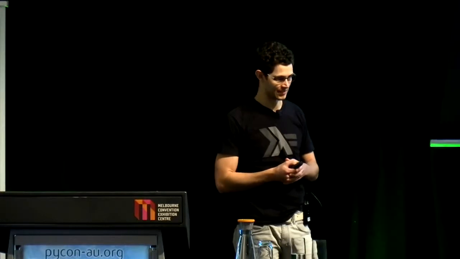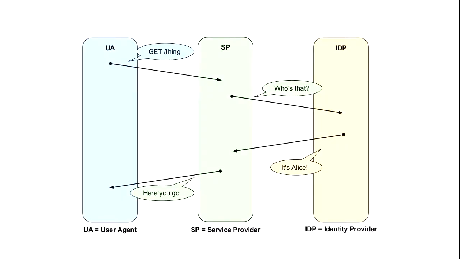The very high-level view of what federated authentication is in this diagram. Now, we're going to see the entities in this diagram repeatedly throughout this talk. So on the left, we have a user agent, UA. That is a browser, presumably acting on behalf of a user, so carrying out a user's intentions.